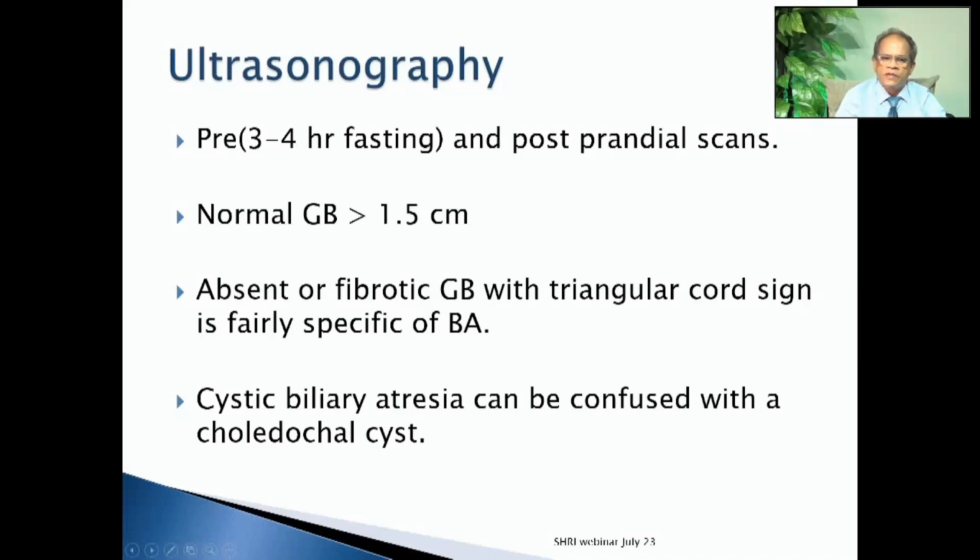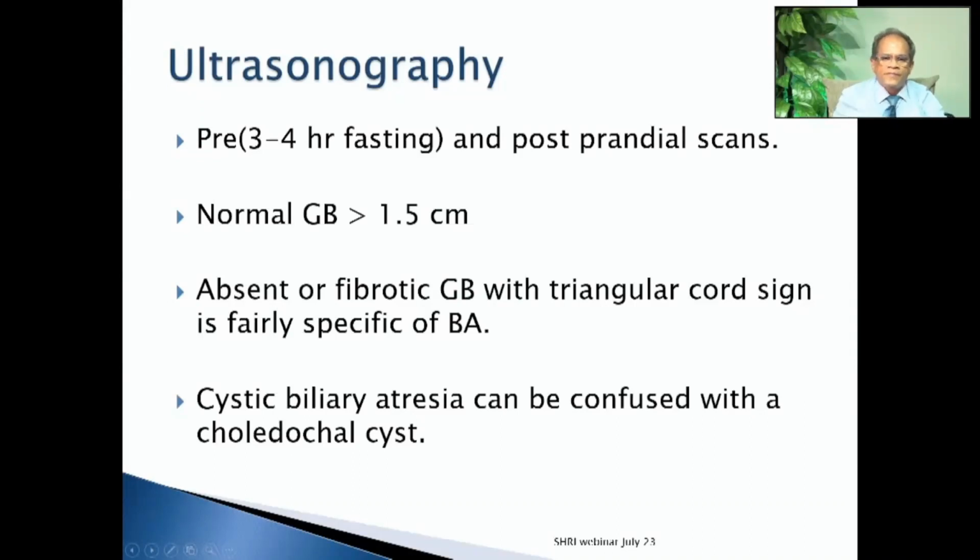So the triangular cord sign is an invaluable finding in ultrasonography to confirm biliary atresia, and that is sufficient evidence for you to proceed with the per-op cholangiogram and then Kasai portoenterostomy if confirmed at the per-op cholangiogram.